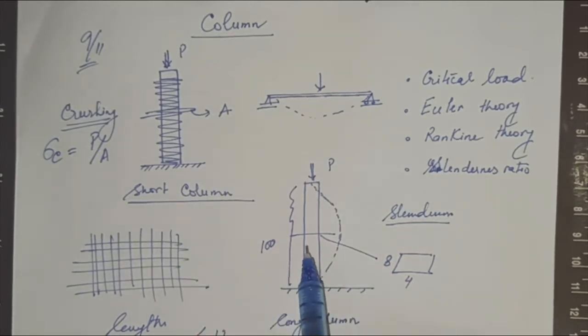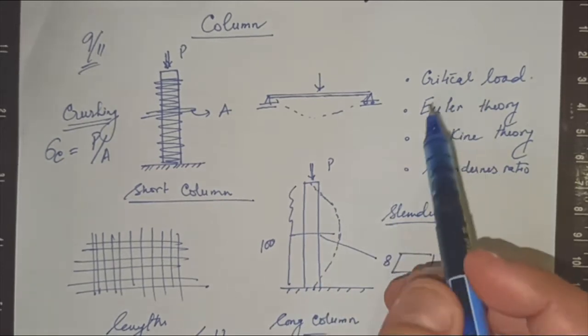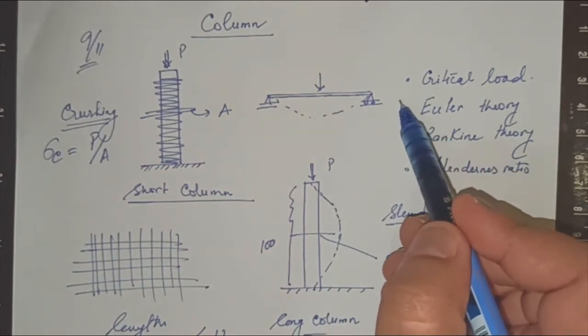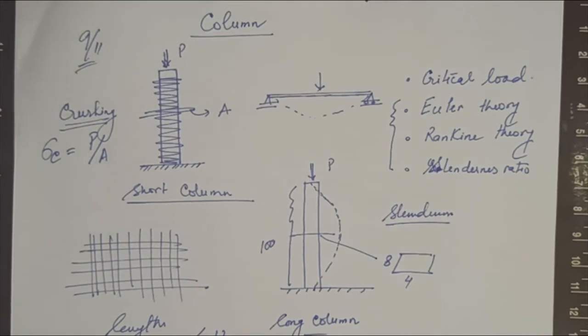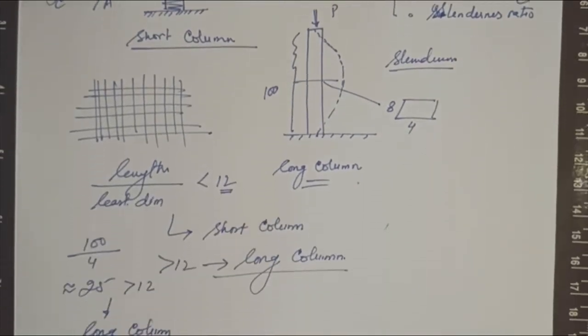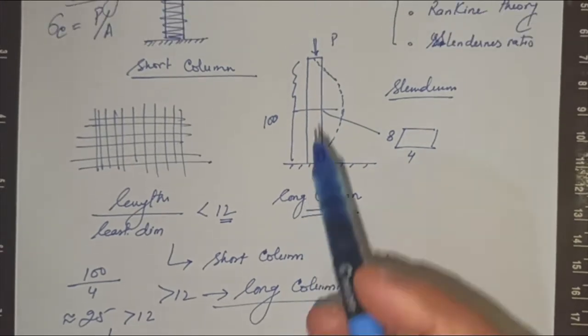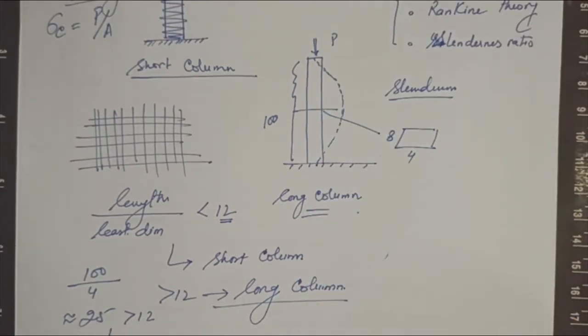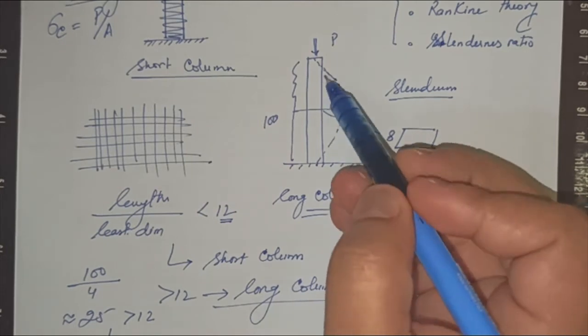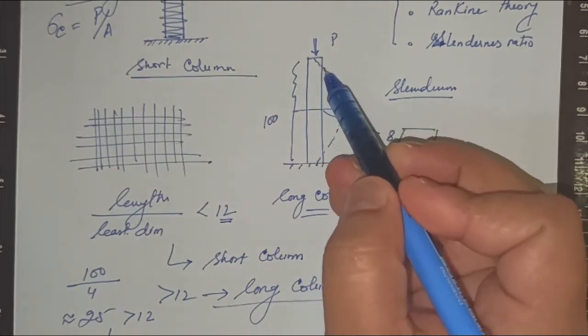And what happens to the long columns? Something very different, by which we study the behavior of columns. The long columns fail by buckling. That means a certain kind of deformation happens against the direction of load.